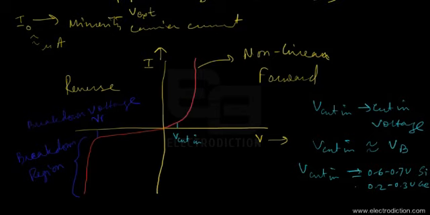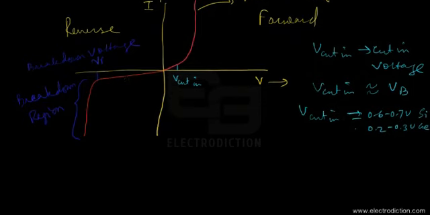So based on the characteristics that we have here, we can put forward an equation that would give us the instantaneous amount of current through a diode. So this equation would be written somewhat like this: I equals I0 times e to the power eV by eta kVt minus 1.